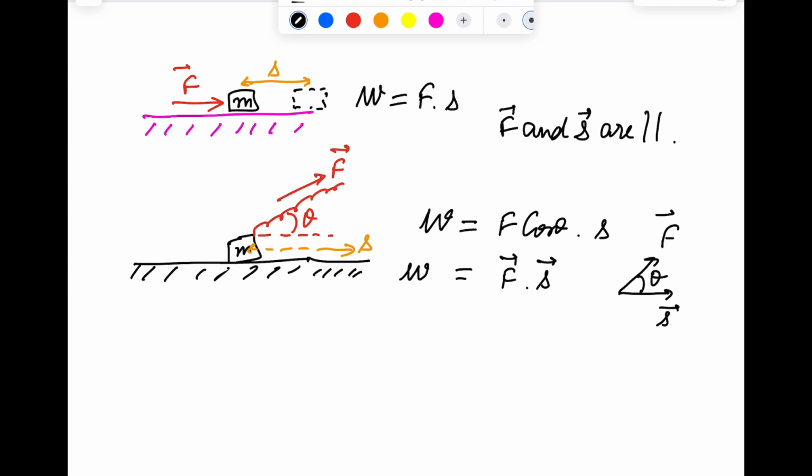So the dot product of these two vectors is the work W. So this is the definition of work in terms of a dot product of the force acting on a particle and the displacement S undergone by the particle because of the force.